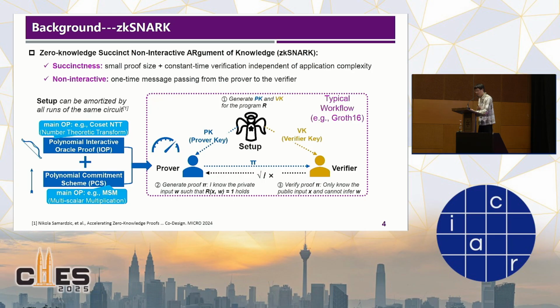Their relationship is just like the bow and arrow. The main operations of IOP and PCS are the number theoretic transform, NTT, and MSM, which are also the acceleration objects. Finally, the verifier tests the proof. He only knows the public input, but cannot infer any private information.